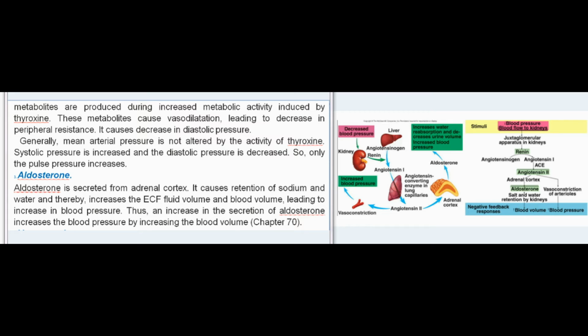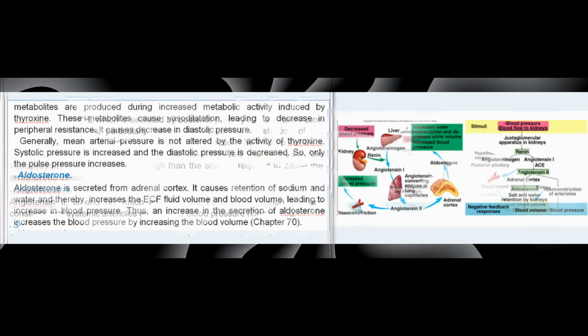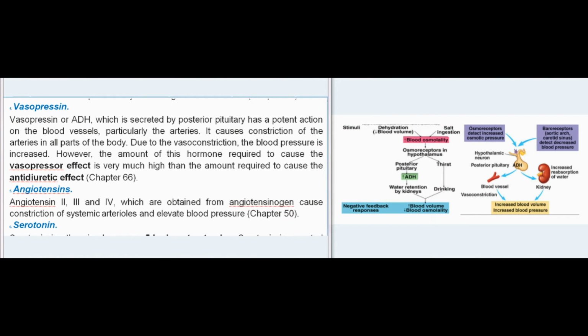Aldosterone. Aldosterone is secreted from adrenal cortex. It causes retention of sodium and water and thereby, increases the ECF volume and blood volume, leading to increase in blood pressure. Thus, an increase in the secretion of aldosterone increases the blood pressure by increasing the blood volume, Chapter 70. Vasopressin.